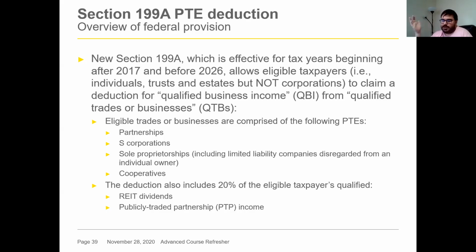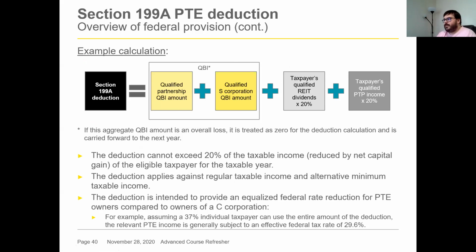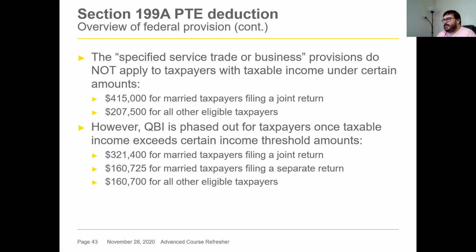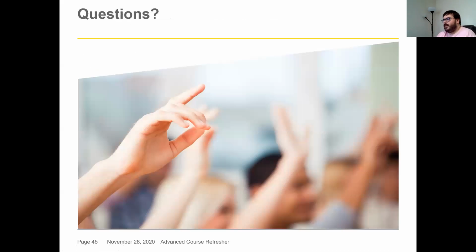If it's a qualified trade or business, which for the most part, I think we have no issue in qualifying for the taxpayers we serve, but that deduction might also come from any REIT dividends, publicly traded partnership income, or anything basically that is a flow-through entity that doesn't pay tax, that the ultimate owner has to pay tax on. So that's as much as I want to cover there.